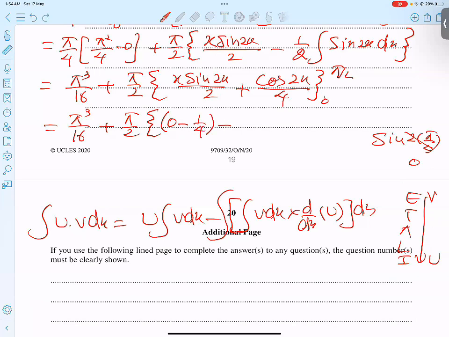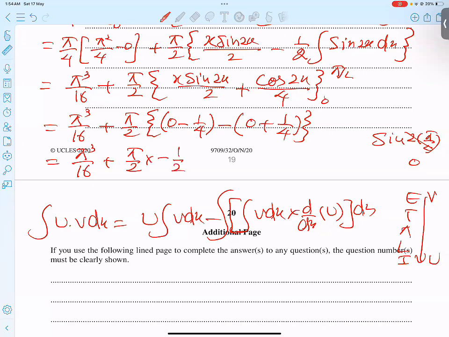This is our upper limit done. Now minus lower limit. When I plug in 0 here, the first part is 0. When I plug in 0 here, cos 0 is 1, so I get 1 over 4. When I open the bracket, negative 1 over 4 and negative 1 over 4 become negative half.